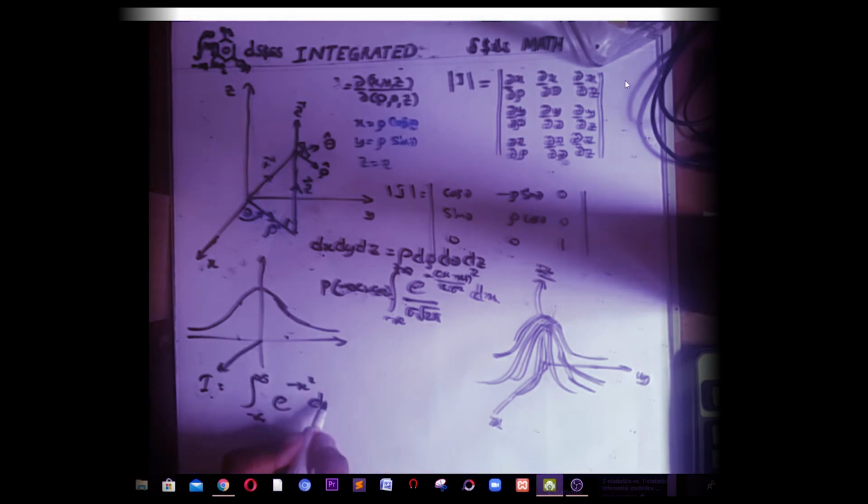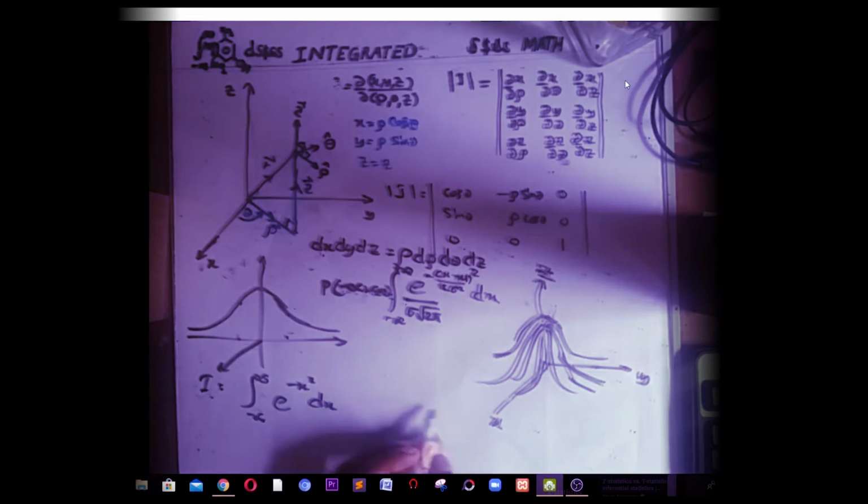What would happen if the power is minus x squared plus y squared, in a double integral? If you take the double integral from minus infinity to plus infinity for both x and y, you are able to separate this.